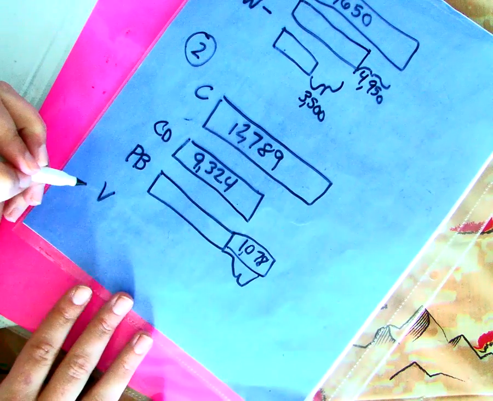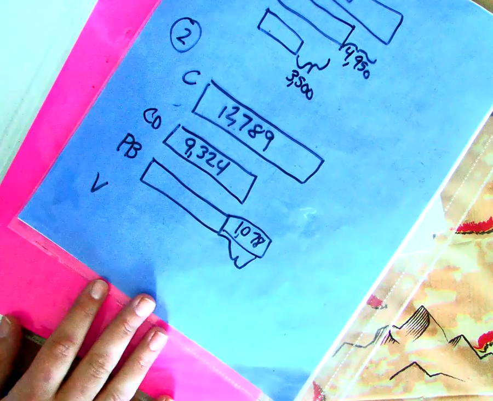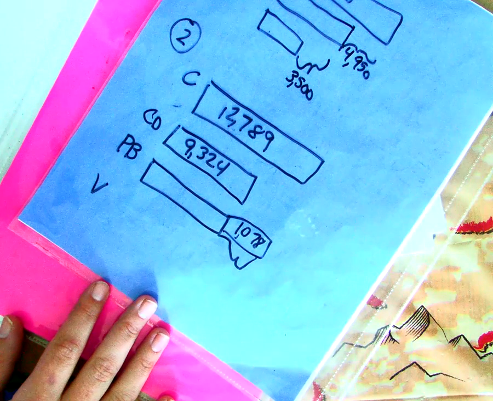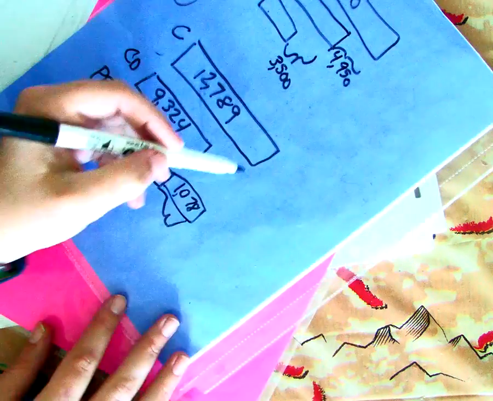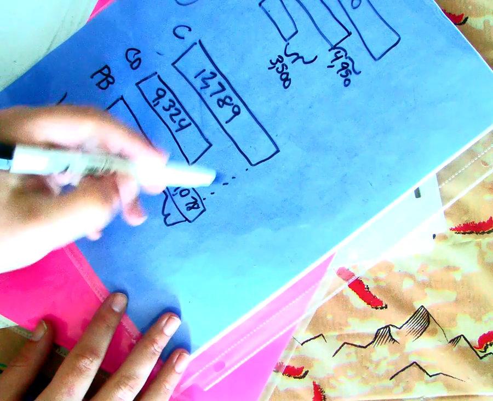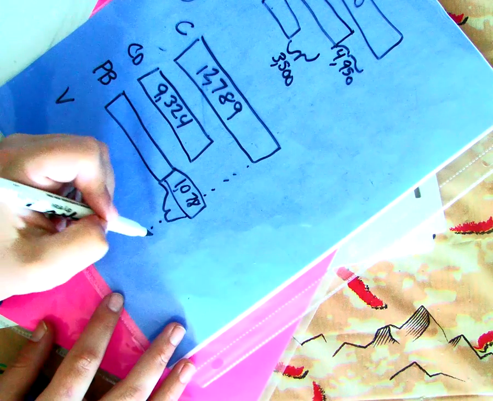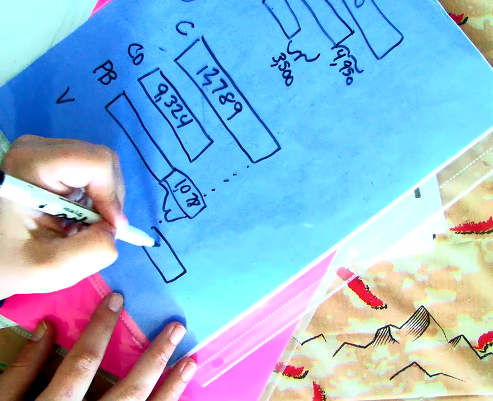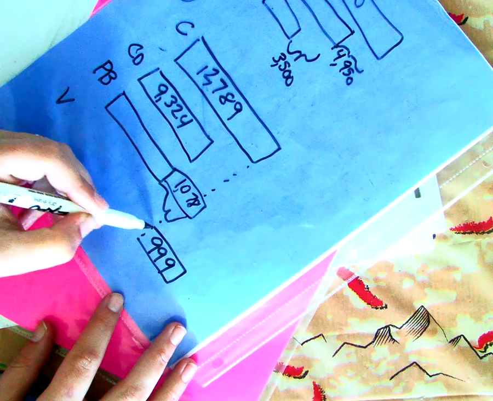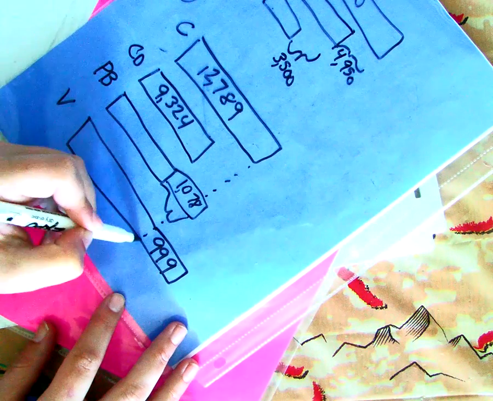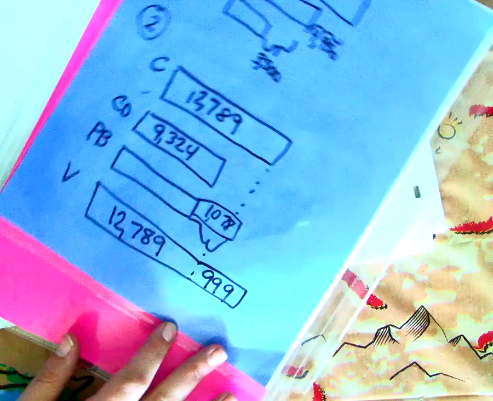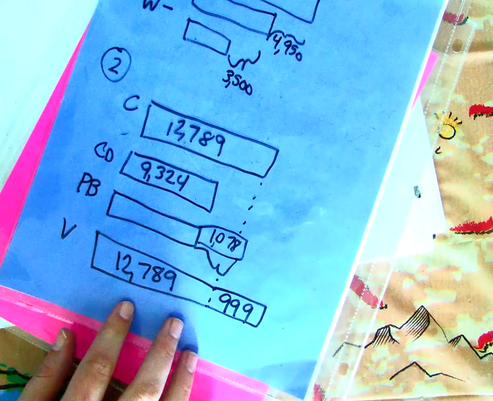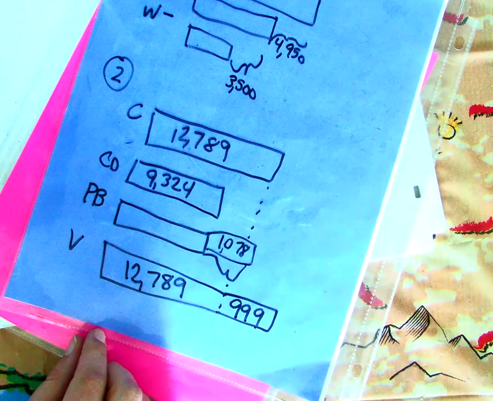Then for my vanilla, it says they sold 999 more than chocolate. I'm going to go to my chocolate, make a line down, go 999 more than chocolate, and the rest will be chocolate, the same number as chocolate. And that sets up my tape diagram for number 2.